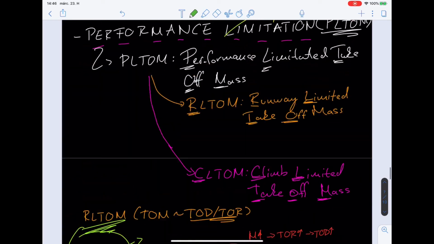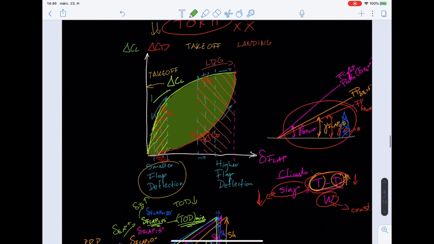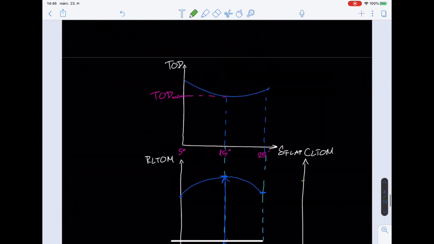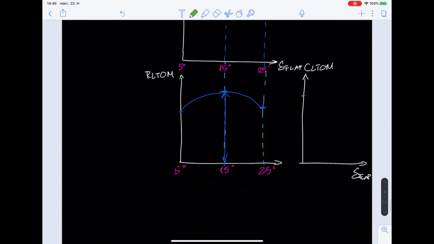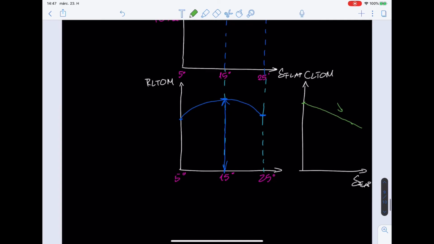And anytime you start adding flaps, as we saw before, it's going to reduce your flight path angle and reduce your obstacle clearance. So therefore your climb limited takeoff mass is going to reduce in a monotone manner, so it's a continuous reduction in the climb limited takeoff mass.